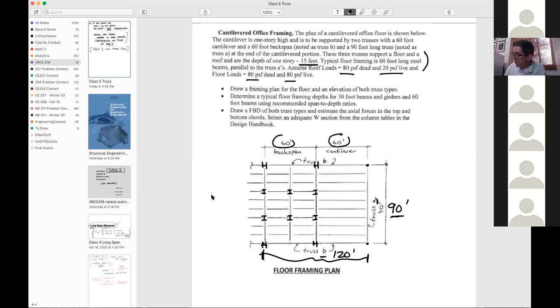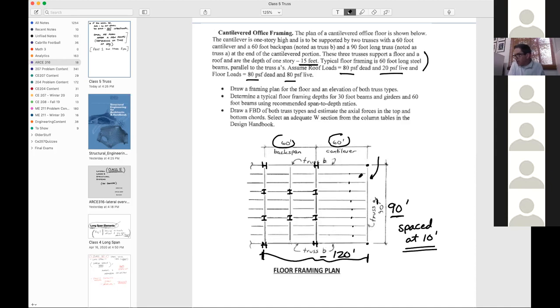So you don't have to create the framing, but you'd notice here that you've got 1, 2, 3, 4, 5, 6, 7, 8. So that gives us 9 spaces. So these are spaced at 10 feet. This is all given to you, so you didn't have to make that determination. But that'll be something we use right here when we design truss A.